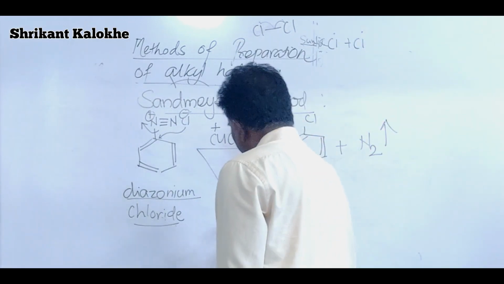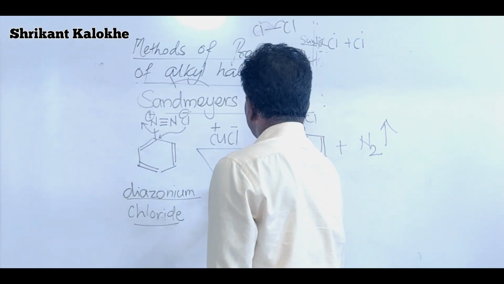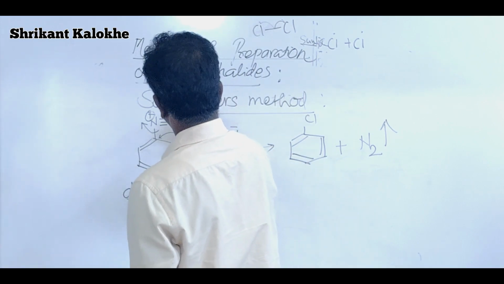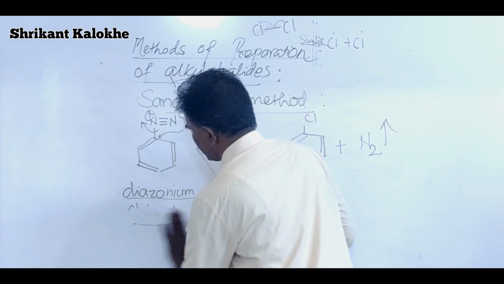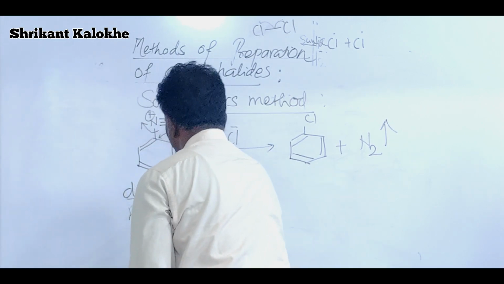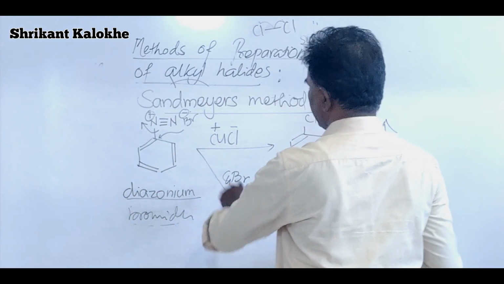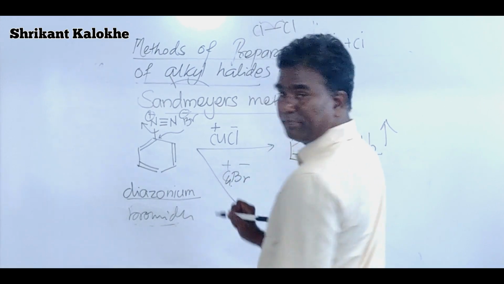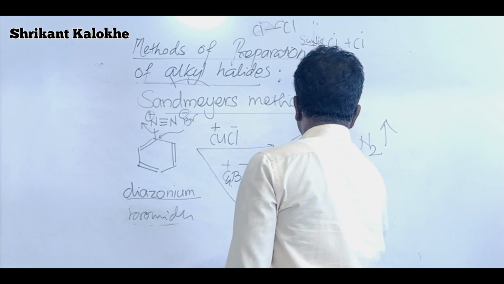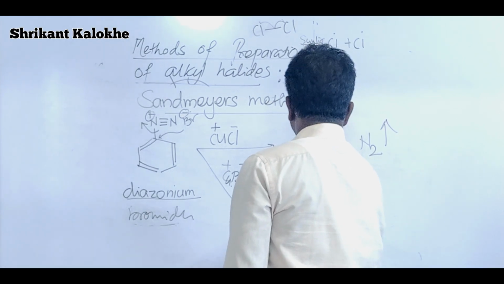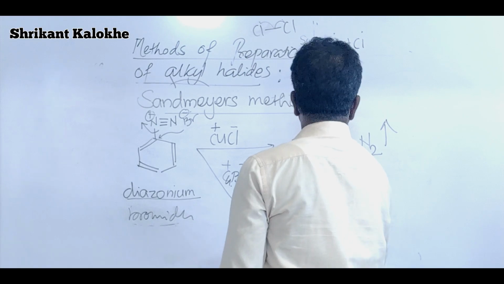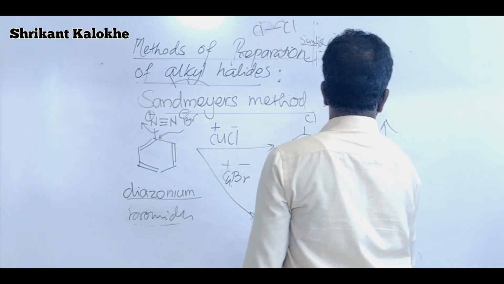You can even treat it with CuBr, and you can have the bromide salt of this, diazonium bromide, and by treating with Cu plus Br minus, cuprous bromide, you will get this compound known as bromobenzene with the evolution of N2 gas.